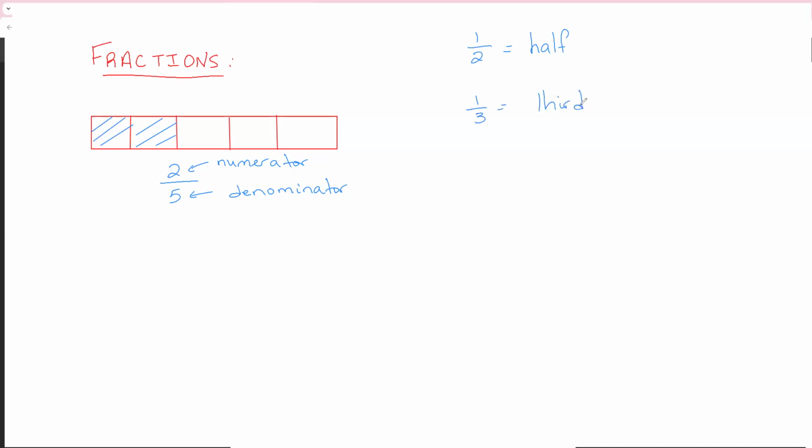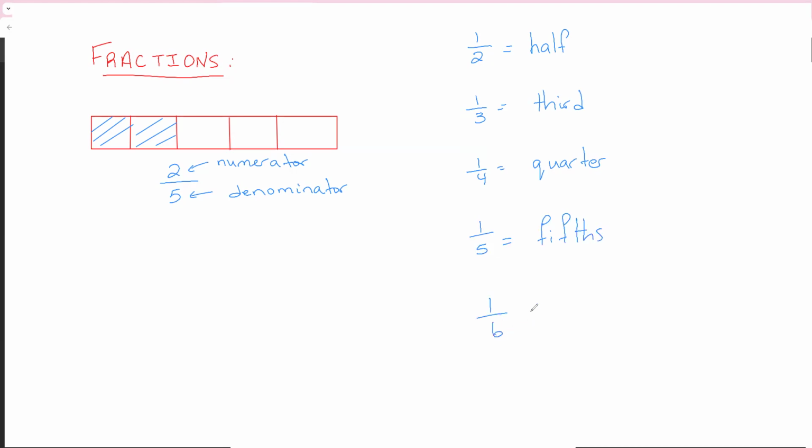So this is 1/3. If my denominator is 4, we call them quarters. So this is 1/4. If my denominator is 5, we call them fifths. So this here is 1/5.